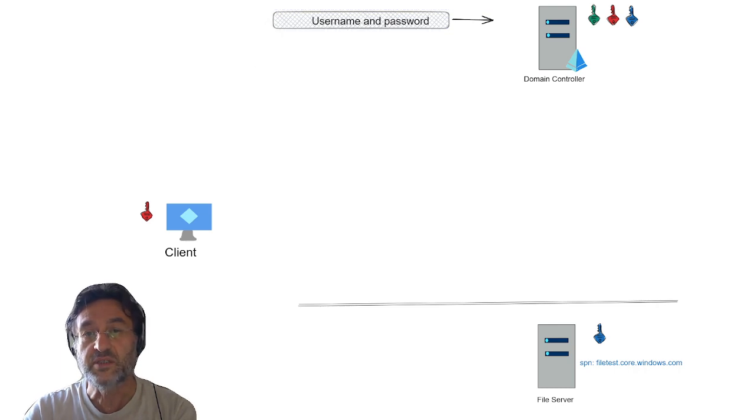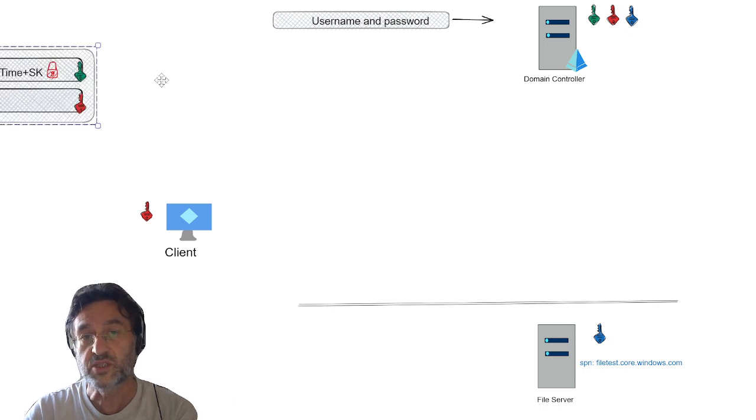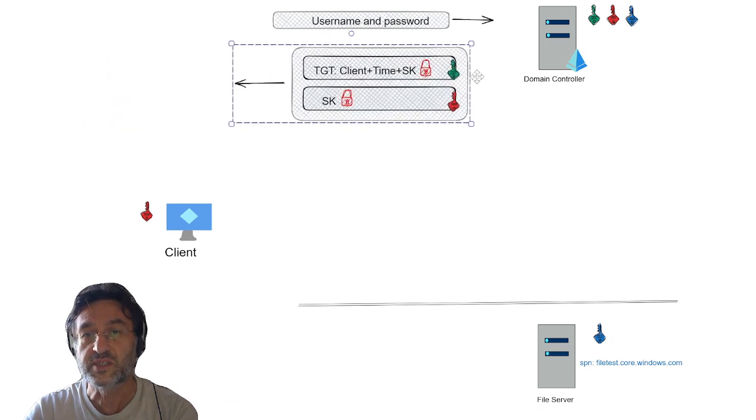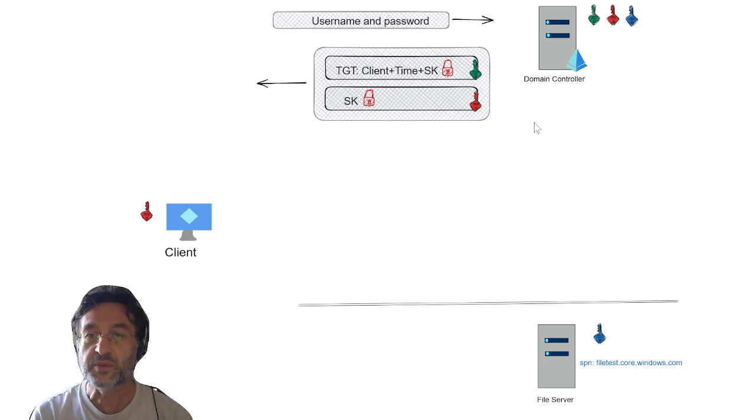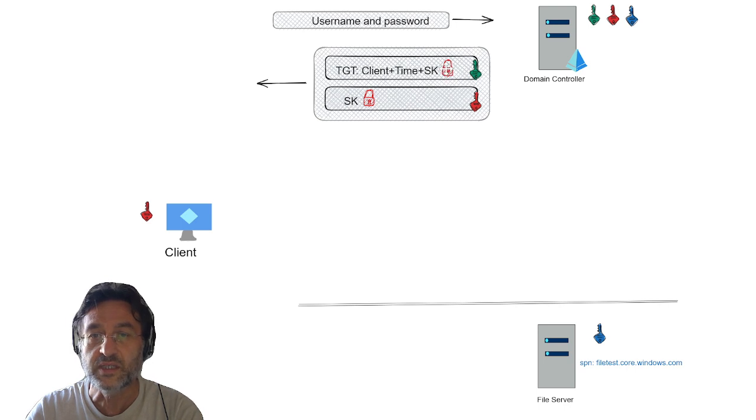After the client is authenticated, the domain controller sends back to the client two messages. The first message is the TGT. In the TGT, we have some client information, the time, and the session key. The session key is generated using the client private key, which is why it's shown in red.